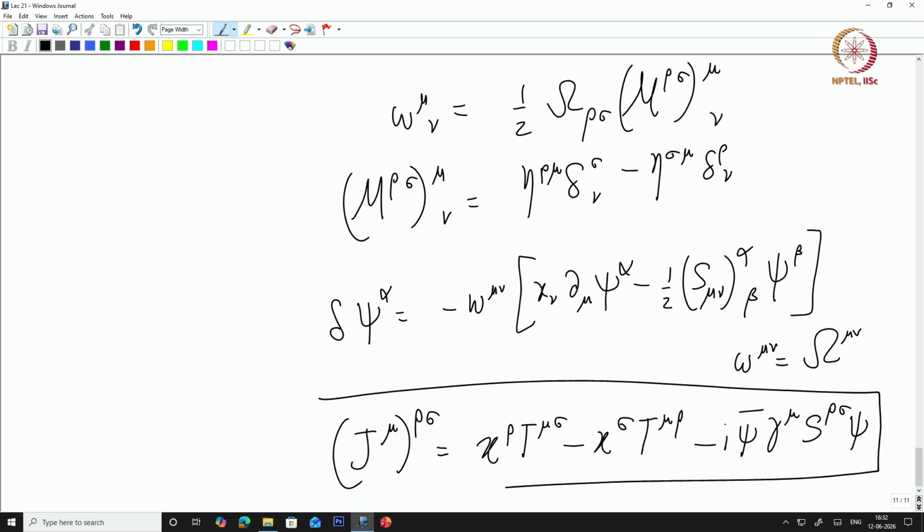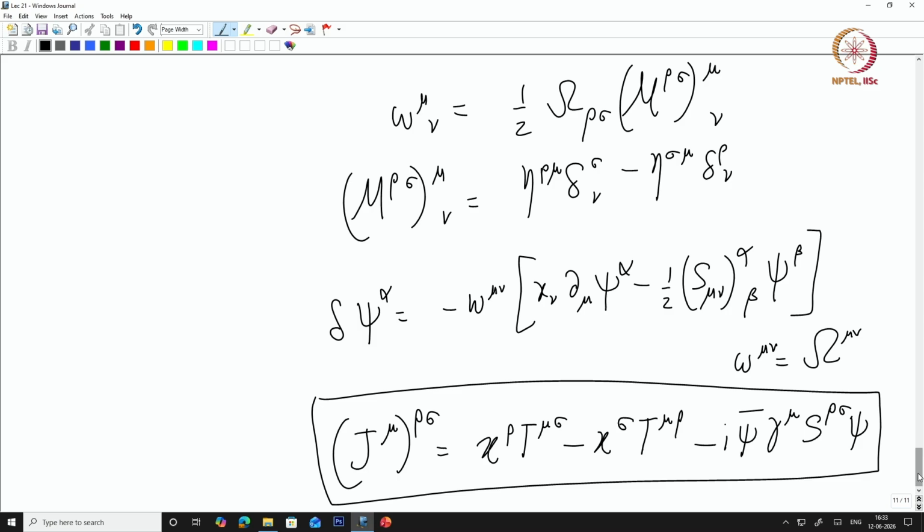This is the conserved current associated with it essentially. Now we see that we have an extra piece compared to the orbital part, which is psi bar gamma mu S sigma rho psi. Essentially there is this piece which comes in.